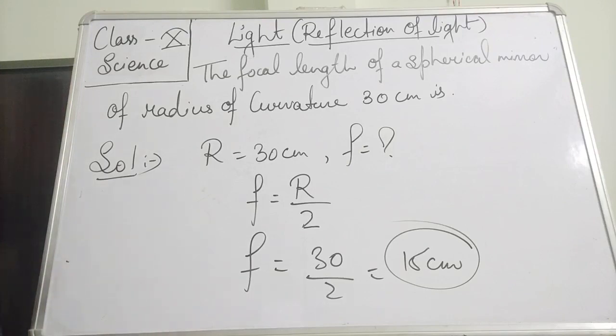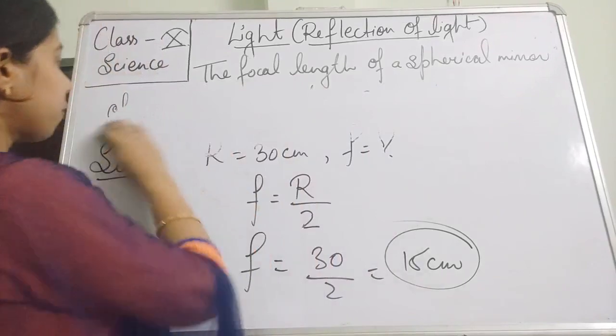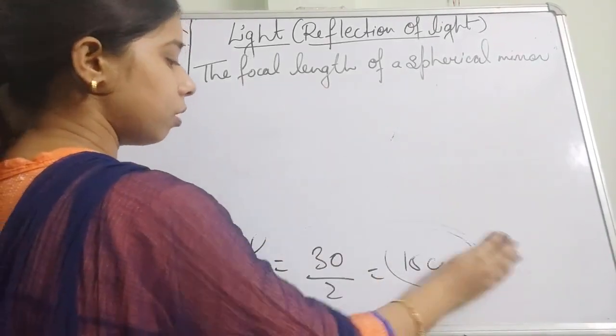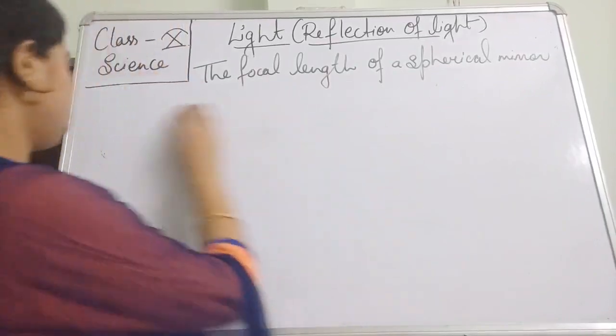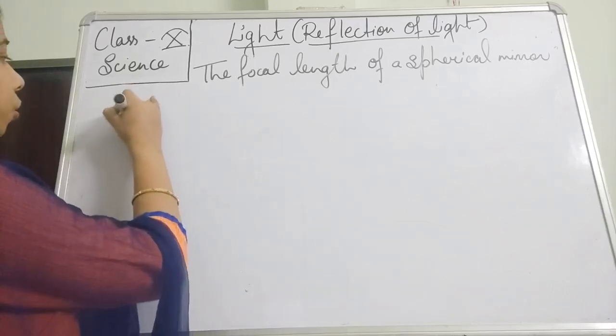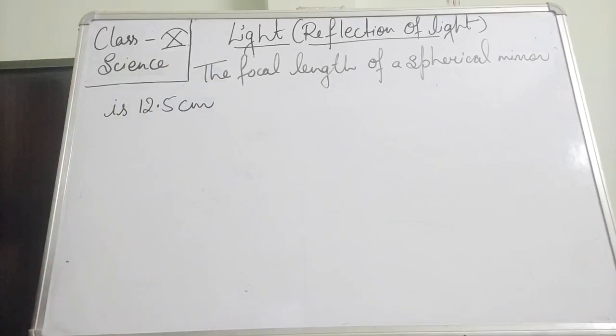Now suppose the focal length is given. This is another kind of question. The focal length of a spherical mirror is 12.5 centimeter, then what is its radius of curvature?